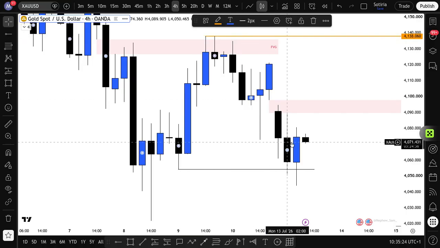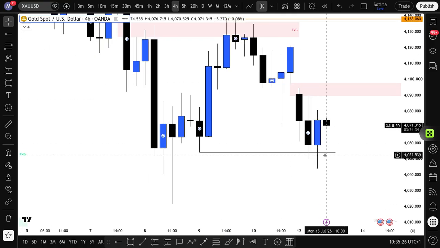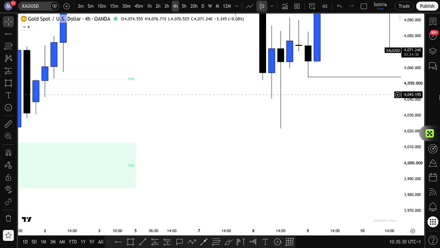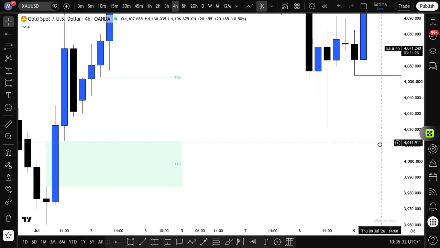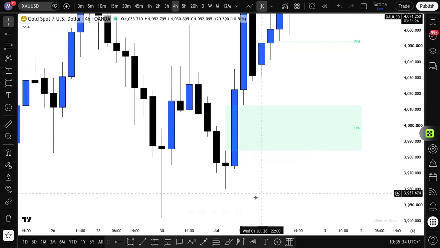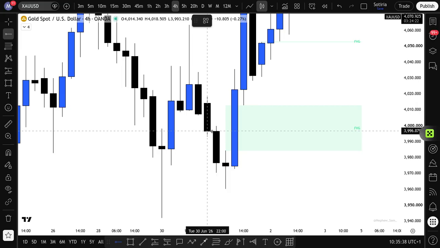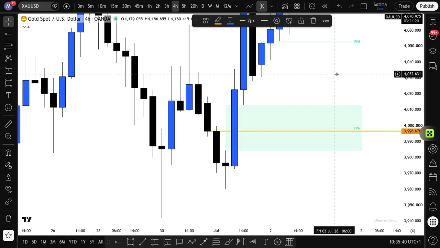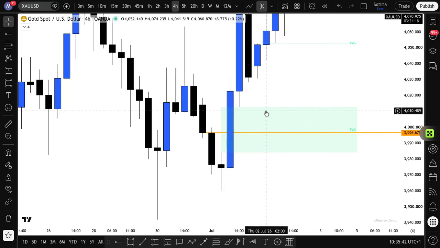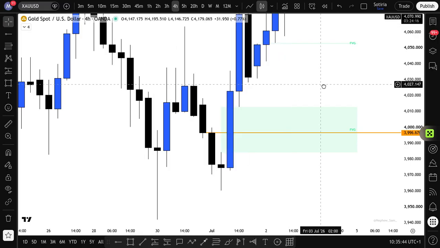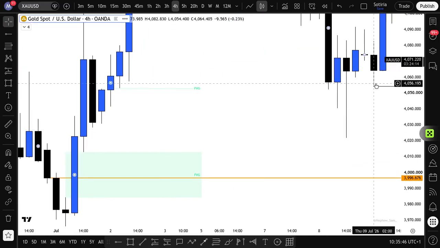And if this fails, if price doesn't give a confirmation and this fails, or price gives a confirmation and this fails, then I will have my eye on this other block below here. You can see this morning star order block here. That is where I'm going to put my focus. So that's what I have for gold right now.